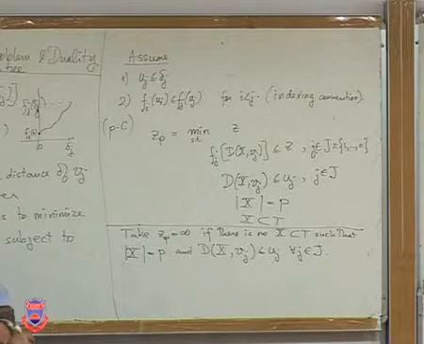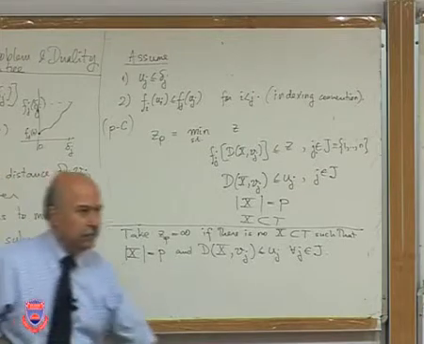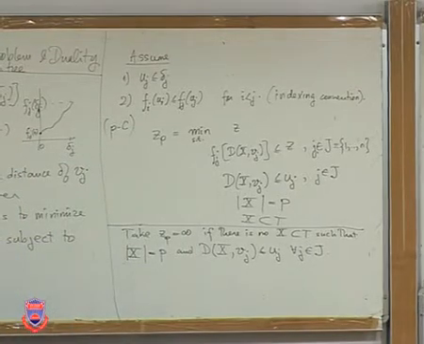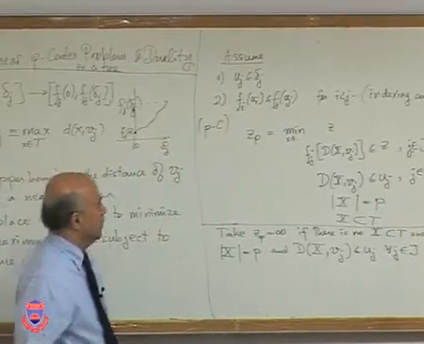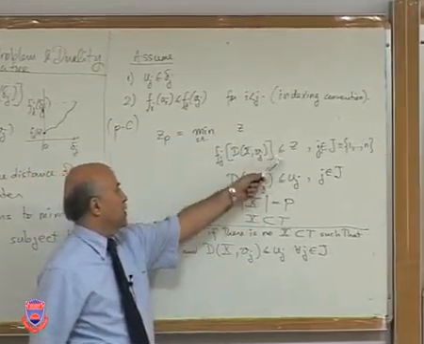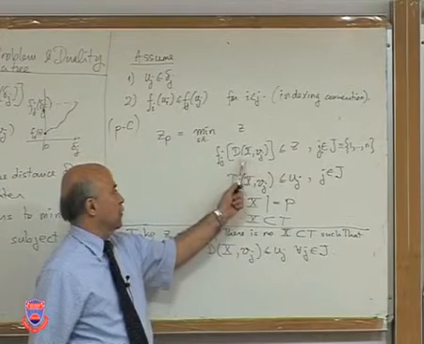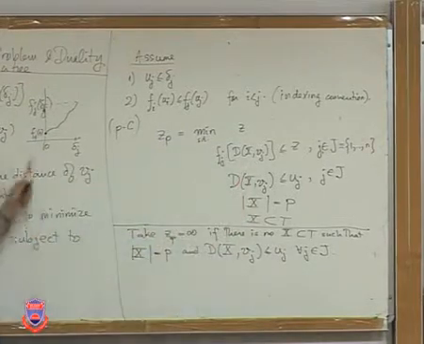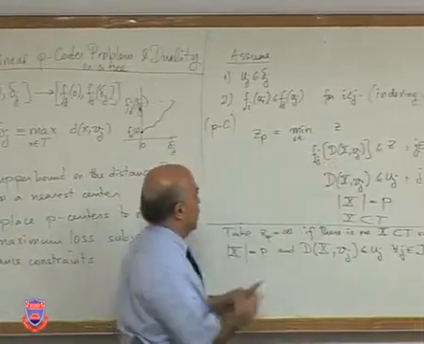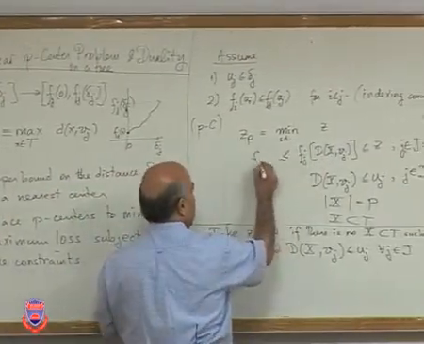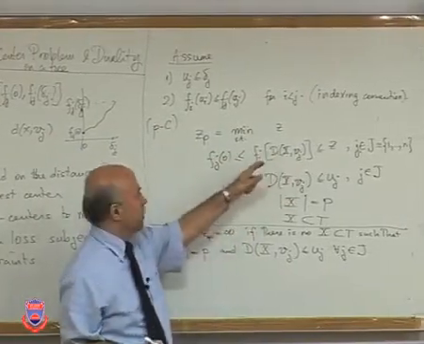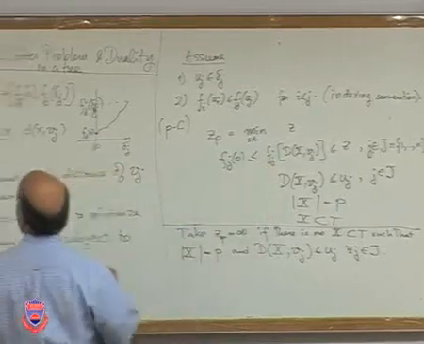Can it be minus infinity under any circumstances? No. If there are feasible solutions, then this z will be greater or equal to the losses, and this is always greater or equal to fj of 0, right? Because the distance is greater or equal to 0, and this is a monotonic function.